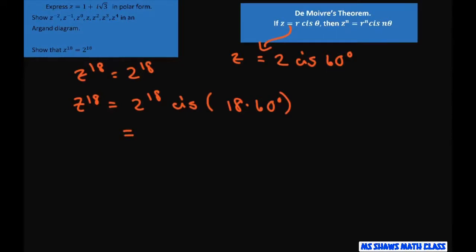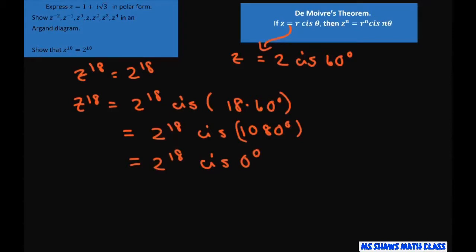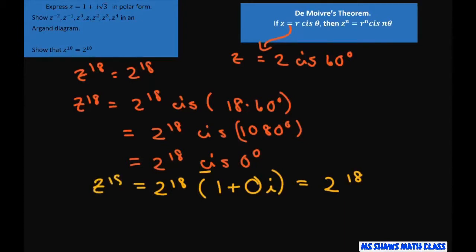This equals 2 to the 18th cis of 1080 degrees. And to make this coterminal, you get 2 to the 18th cis of 0 degrees. Cosine of 0 is 1, sine of 0 is 0, which equals 2 to the 18th. So z to the 18th equals 2 to the 18th.